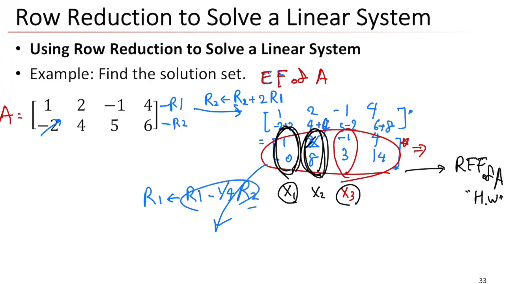It will eliminate this one. Okay? Then it will be 1, 0, minus negative 7 over 4, 1 over 2, 1, 8, 3, right?